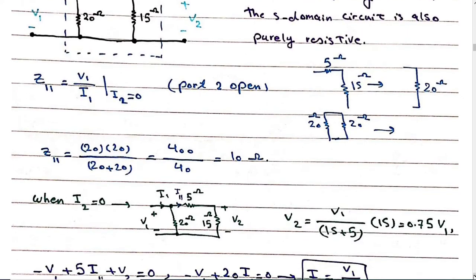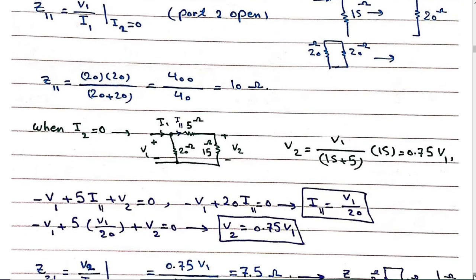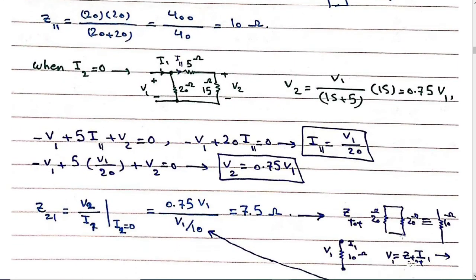Okay, for the second part, finding Z21, again we have I2 equal to 0, or port 2 is open. So V2 divided by I1. We have I1 as a function of V1, which is V1 divided by 10. How about V2?